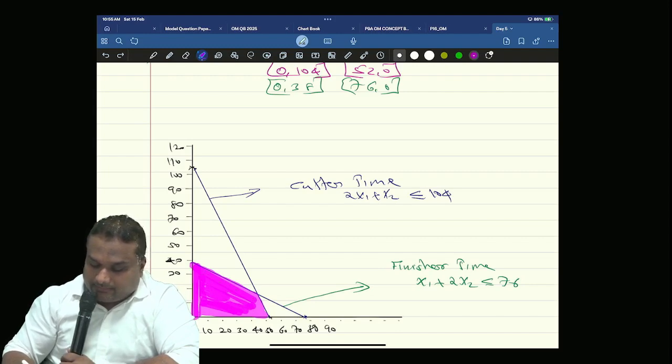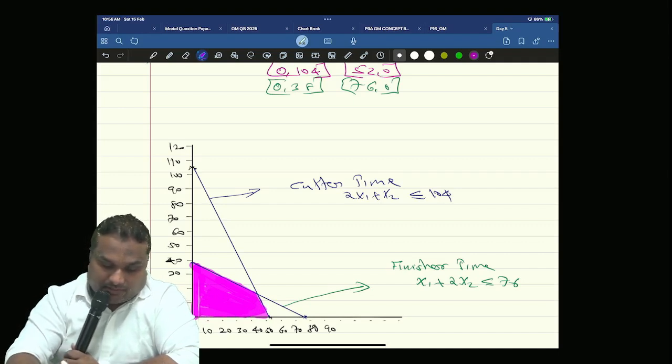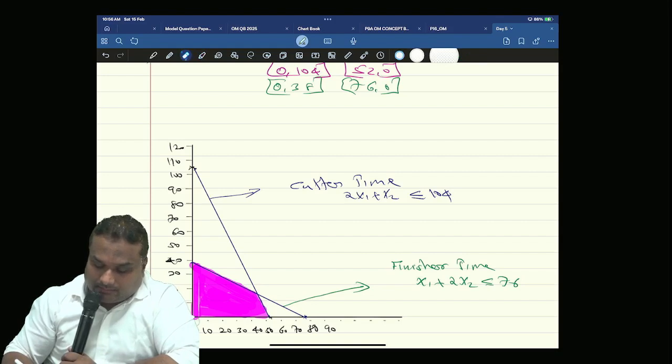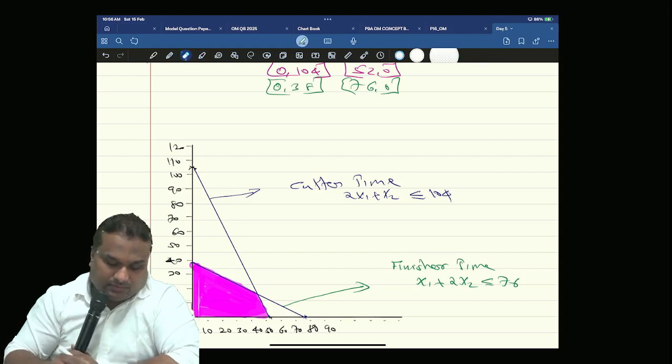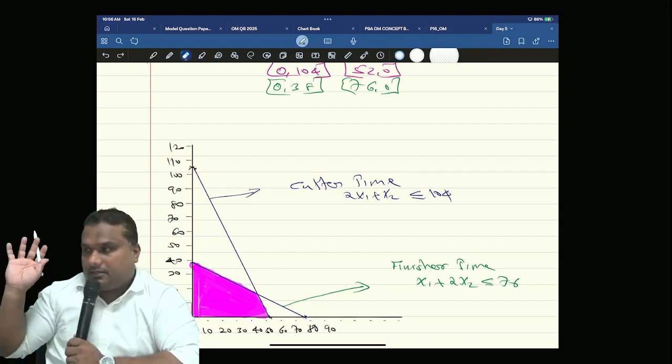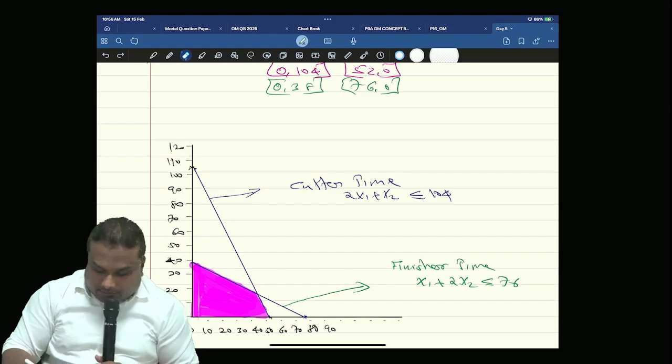Have you got an idea which area we need to shade? This is the feasible region. It should not go outside. You understood?